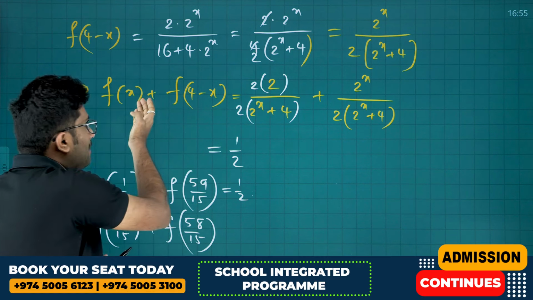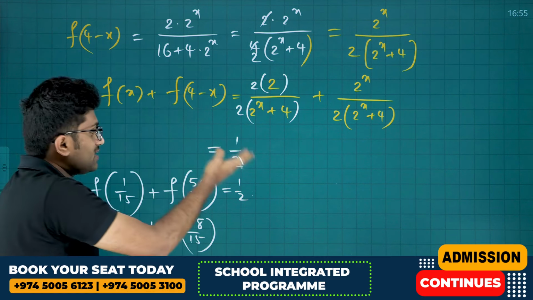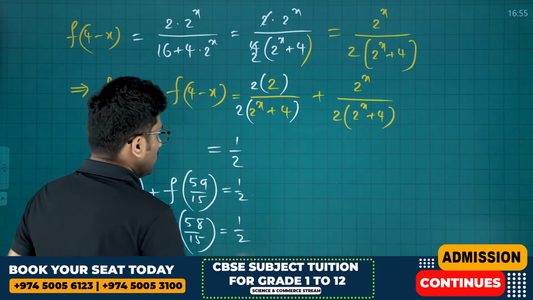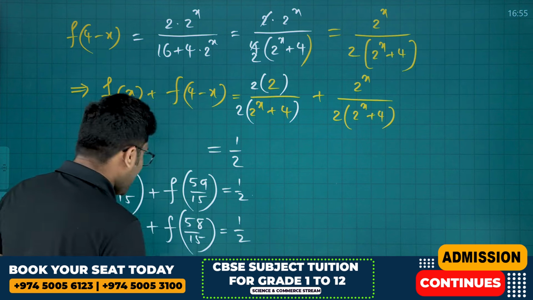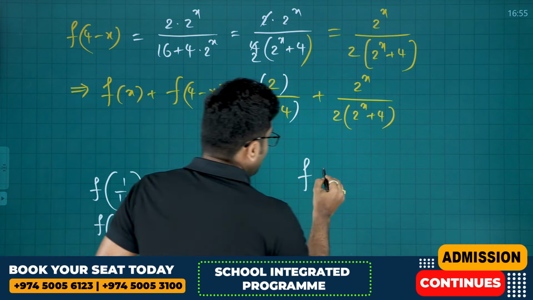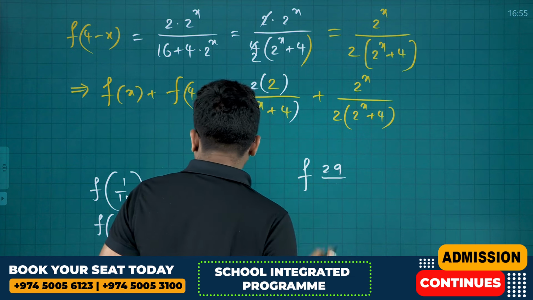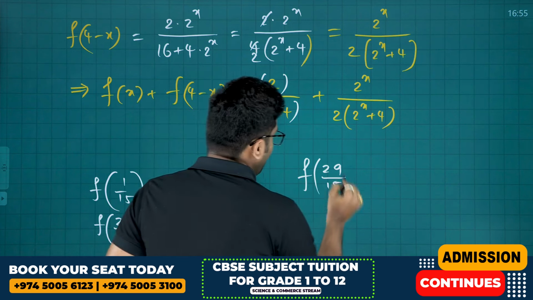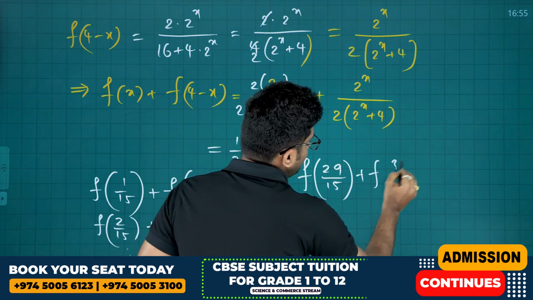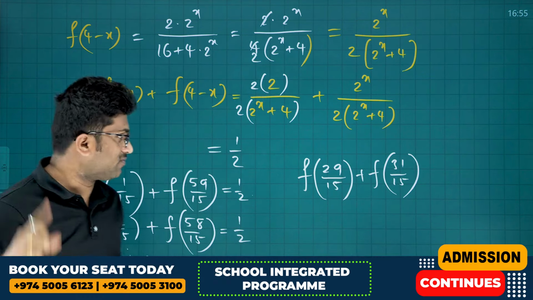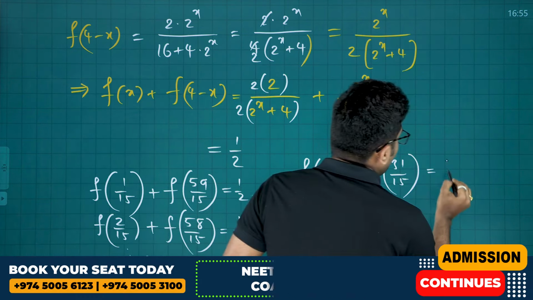So for every f of x plus f of 4 minus x, the result is always 1 by 2. So till where? Till you get f of 29 divided by 15 plus f of 31 divided by 15. See, 29 plus 31 is 60 by 15, which is 4. This will also be 1 by 2.